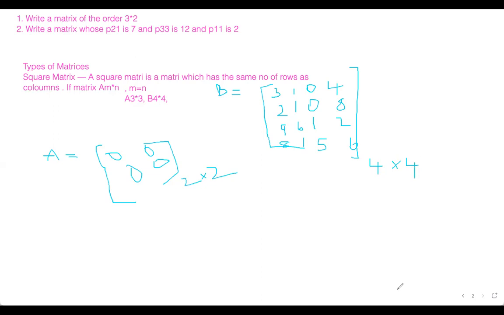Following? Yes, ma'am. Now we'll see identity matrix.